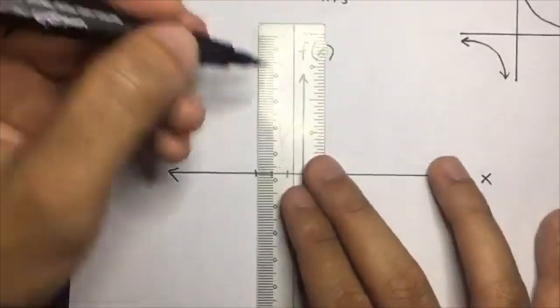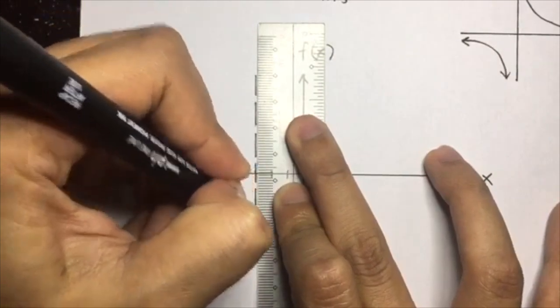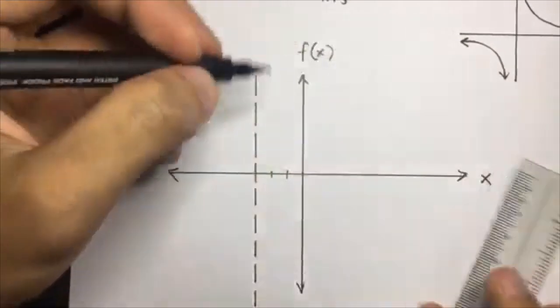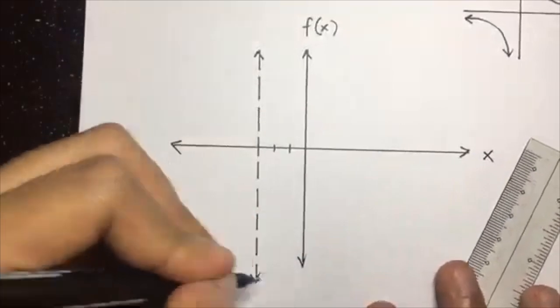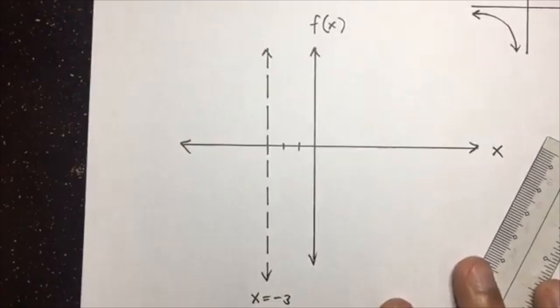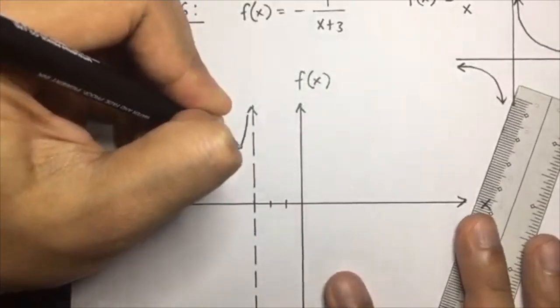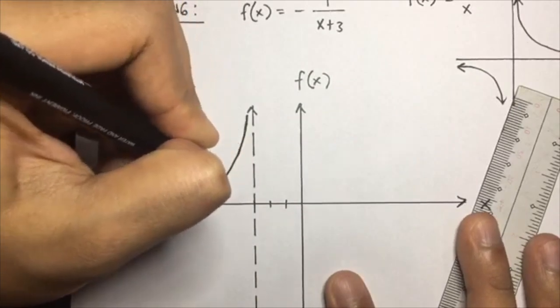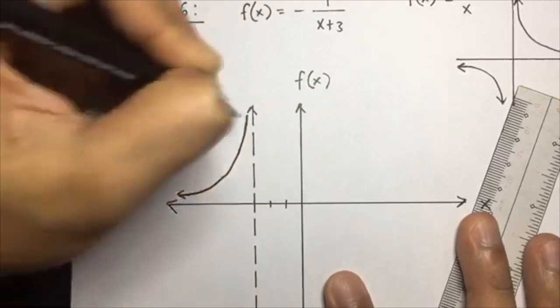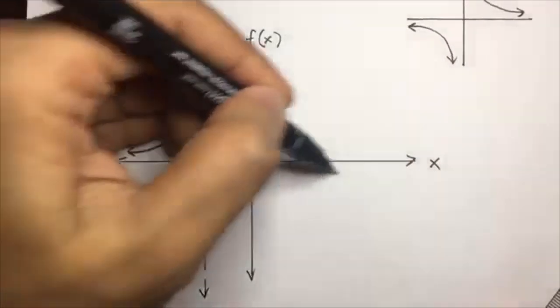So the location of the infinite discontinuity will be here, at x is equal to negative 3. Okay, so the curve will look like this and that. So like that, and then the other one is like that.